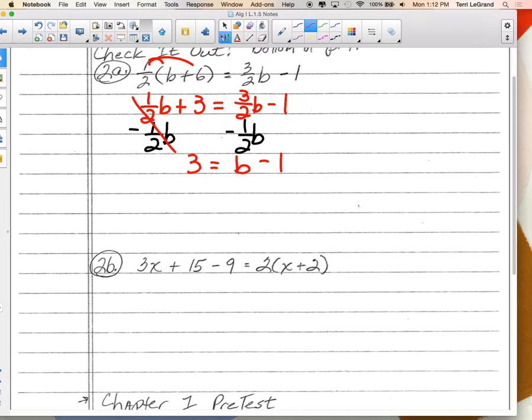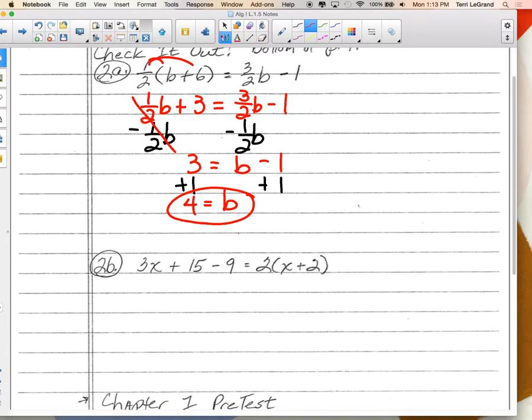Or you can write 2 halves b to start with, because that's really what it is. 3 halves b minus 1 half b is 2 halves b, and 2 halves is 1, and 1 I don't really need. And now we do what to both sides? Add 1, don't we? b equals 4.